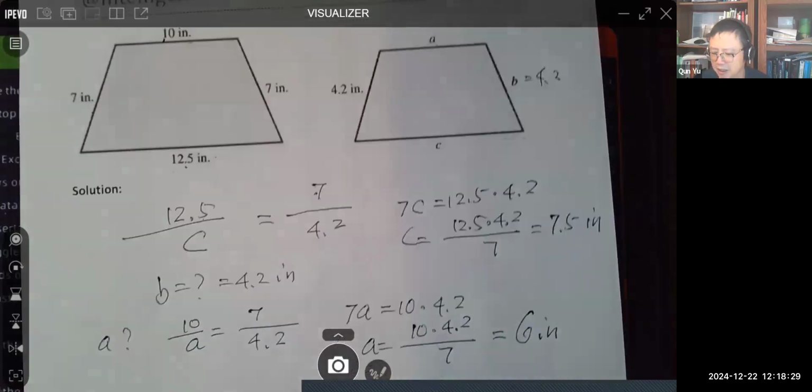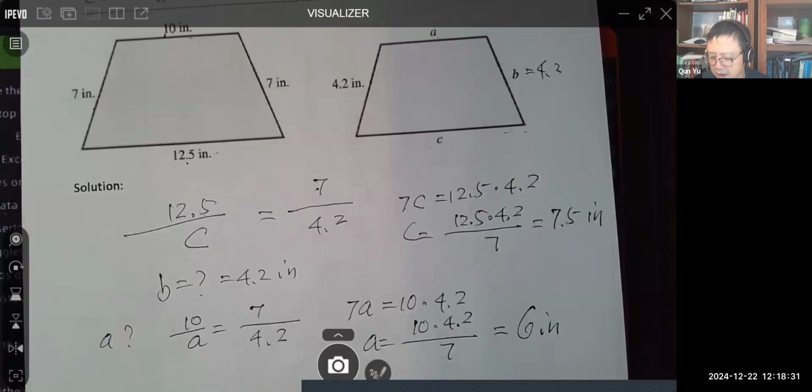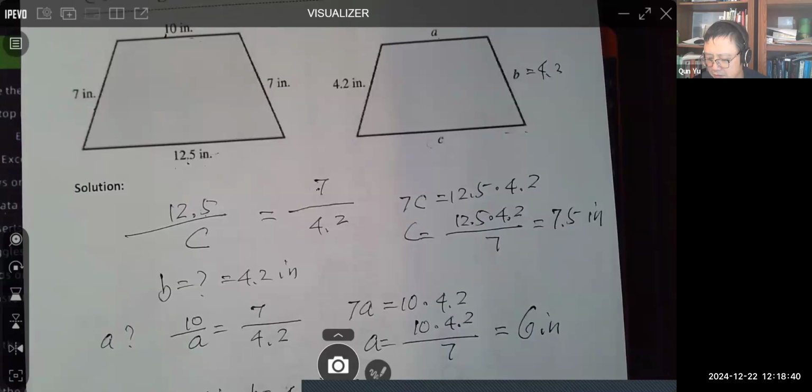Now we've solved them all. A equals 6 inches. B equals 4.2 inches. And C equals 7.5 inches.